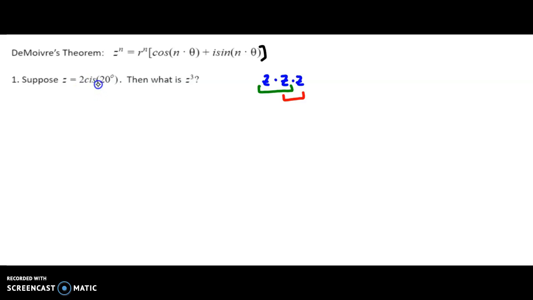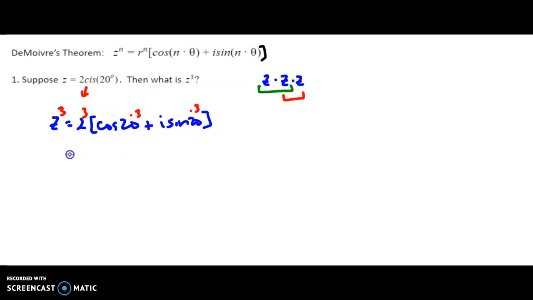And so I'm gonna work this out. Here I wrote the abbreviated version. This is what it looks like here, there it is in expanded form, and it says what is z to the third. So if it's a z to the third, then my r value gets raised to the third, and these 20s get multiplied by 3.